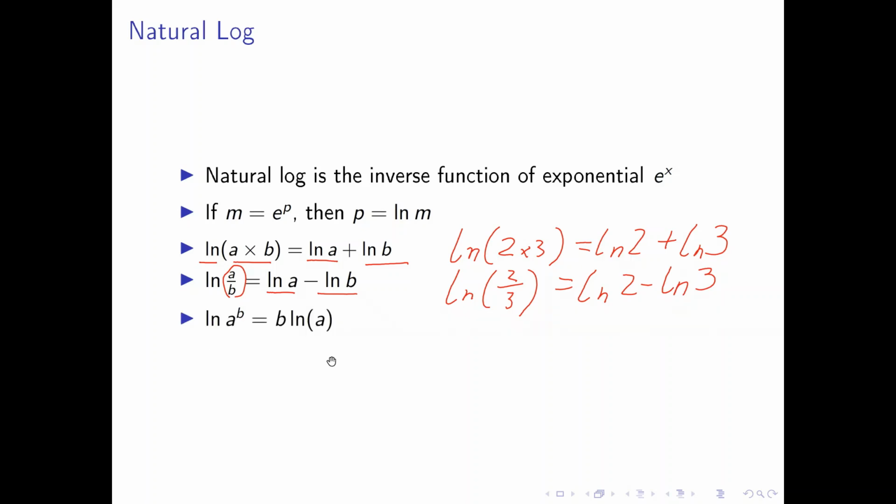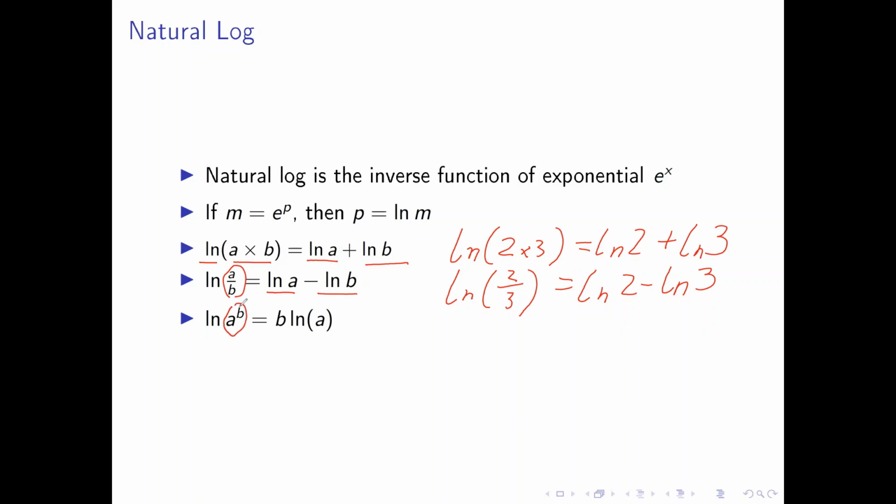And the last but not least is this power rule. Let's say we have this number within the natural logarithm function, log of a raised to the power of b. What can we do?